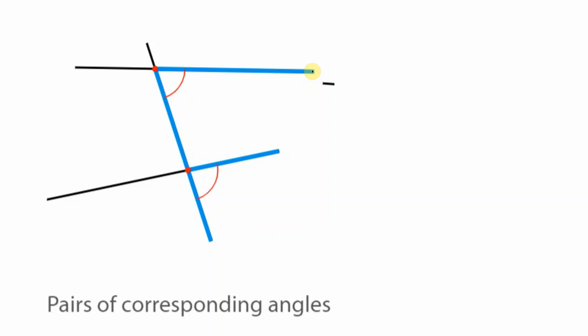So this is also what we refer to as the so-called F shape. So you try to identify F shapes to identify corresponding angles. So you can see this is our F shape.